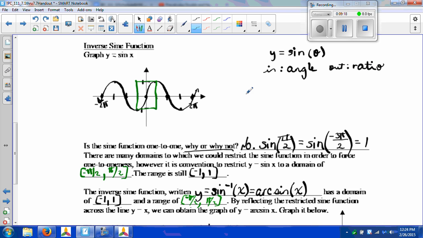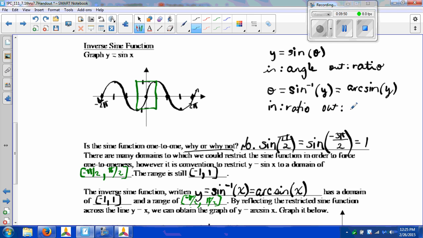Now we're going to interchange the input and output, so that's theta equals sine inverse of y, or arc sine. Remember, you can write it either way. So its input is a ratio of the sides of a right triangle, and its output is an angle.